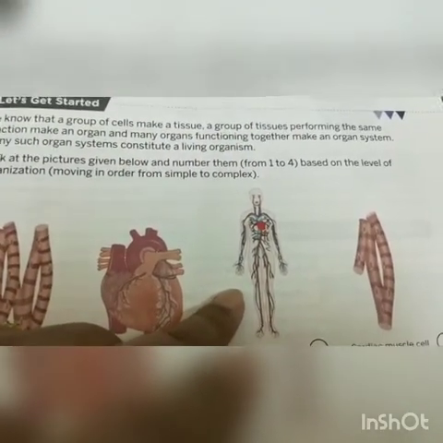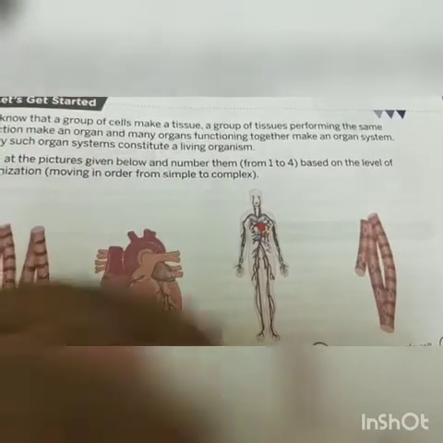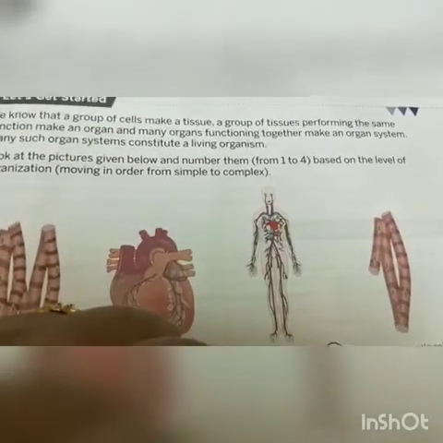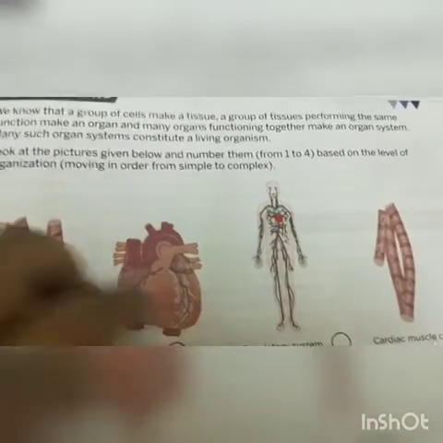And all these organ systems combine and make a living organism.